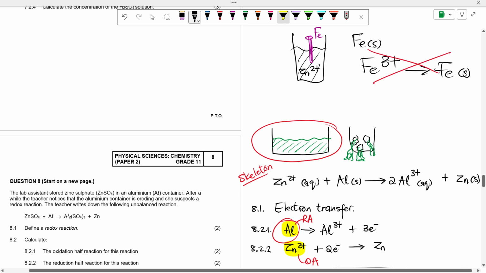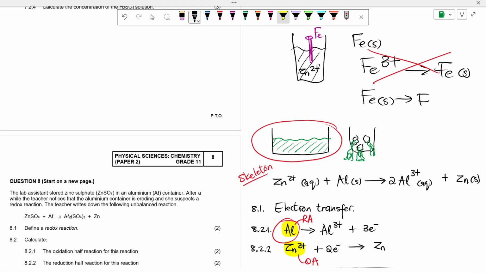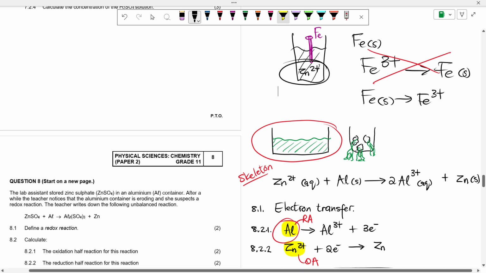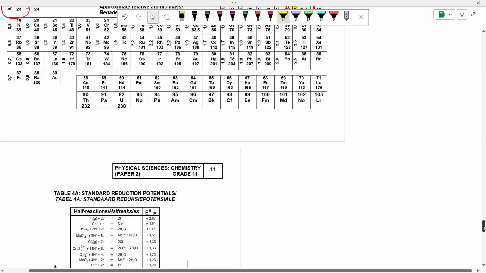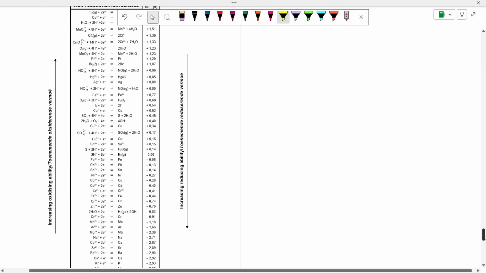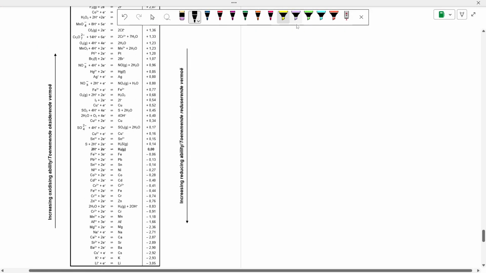It will happen only if it's Fe solid to Fe3+ compared to zinc. So zinc will decide. Maybe let me do it for you so that when you think about it in revision, you know what the answer actually is. So I'm going to mark the half reaction for zinc.